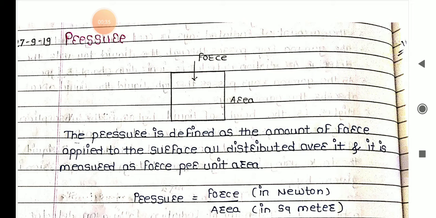level measurement. In the last class, what is the meaning of level? What are the needs of level? What are the detailed classifications of level measurement? And we also studied the classifications of level measurement one by one.